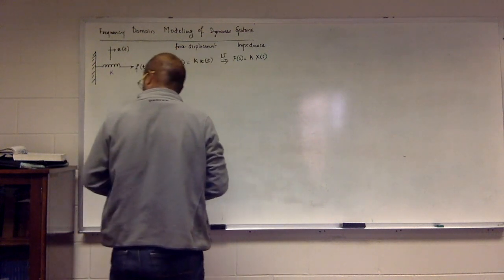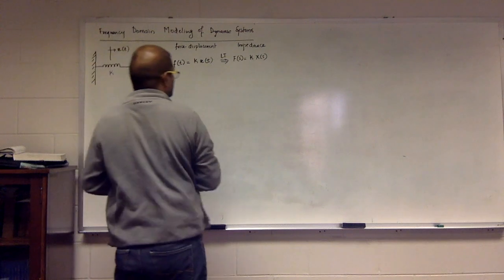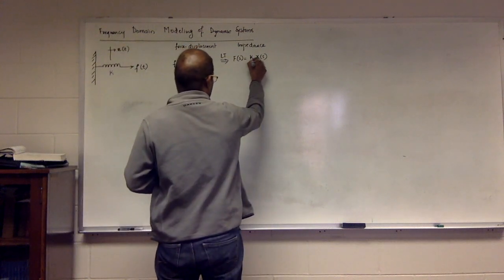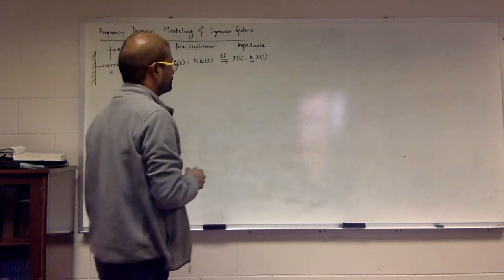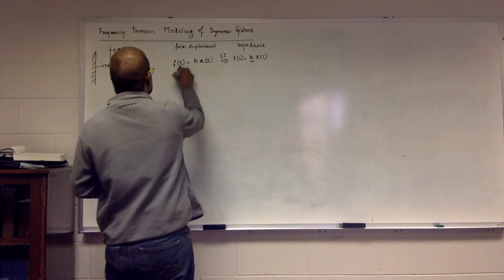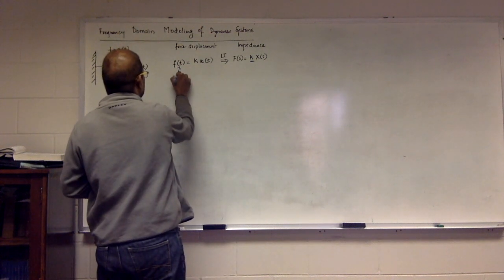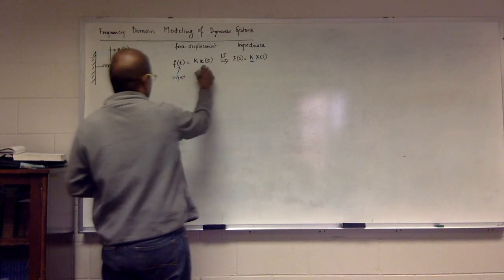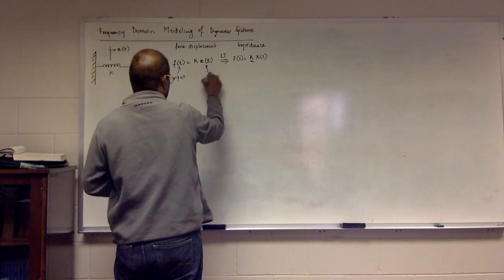Now, this is the impedance here. Again, you see this is input, and x of t is output.